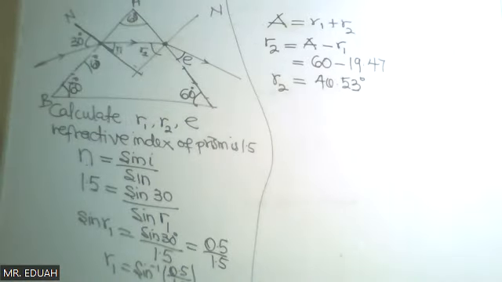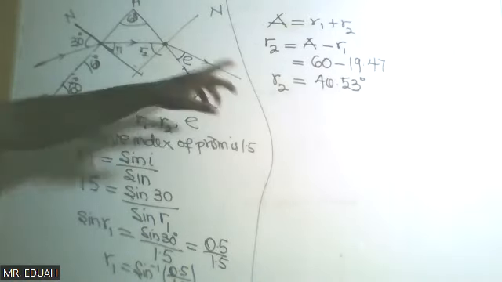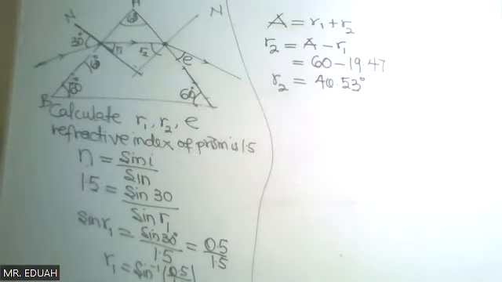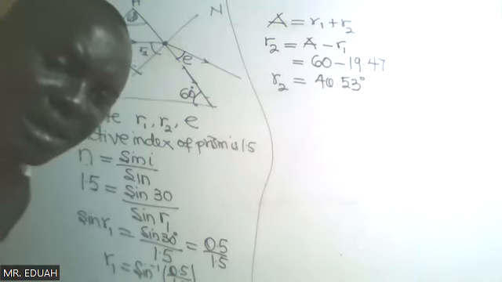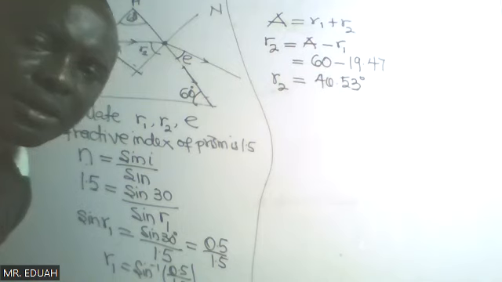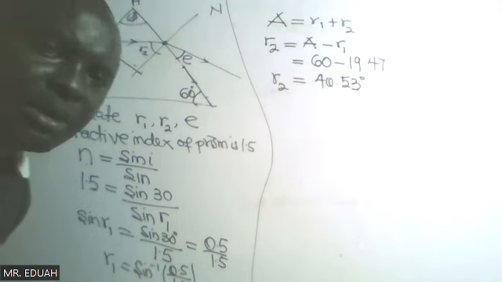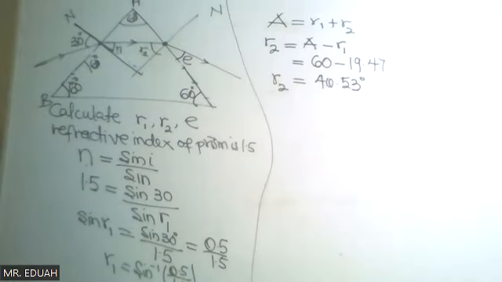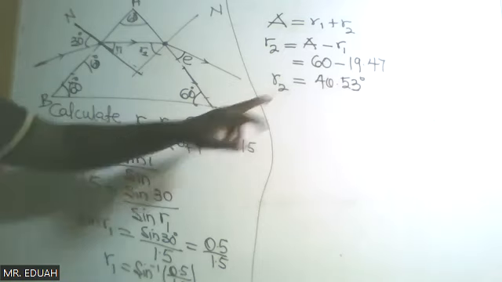There's another way to determine R2 without using A is equal to R1 plus R2. Brittany, tell us. How, Brittany, are you there? Brittany is gone. Akofala, what other different method can we use to find R2?